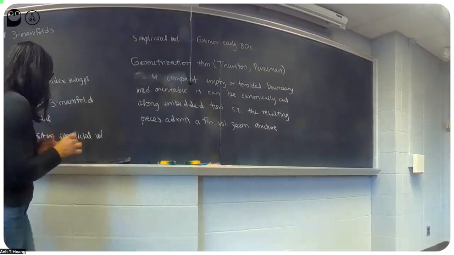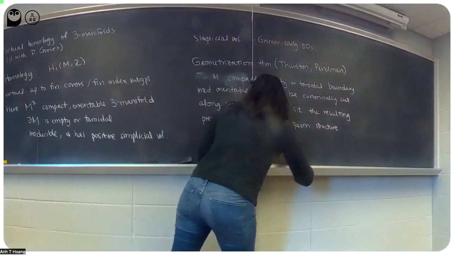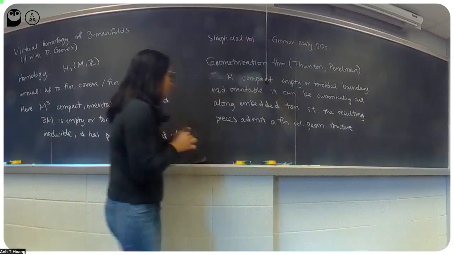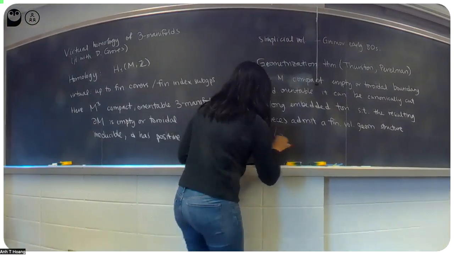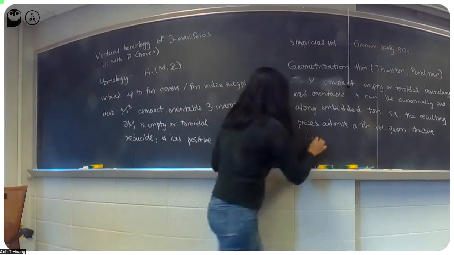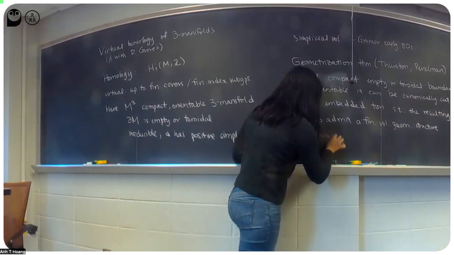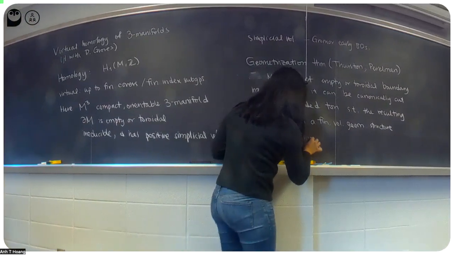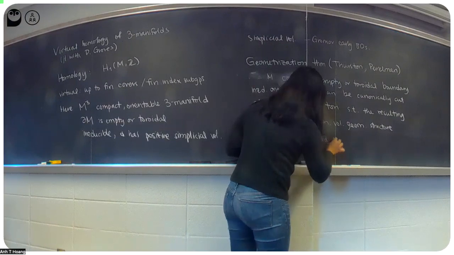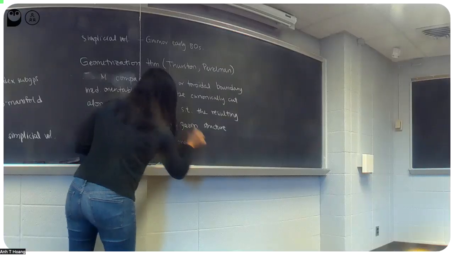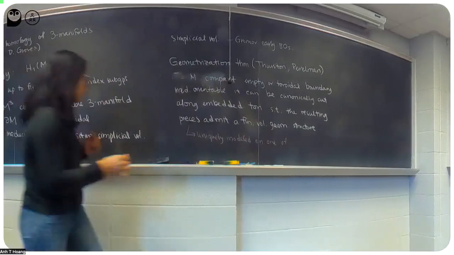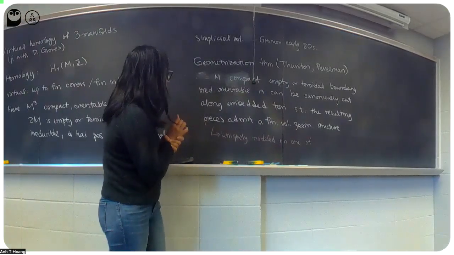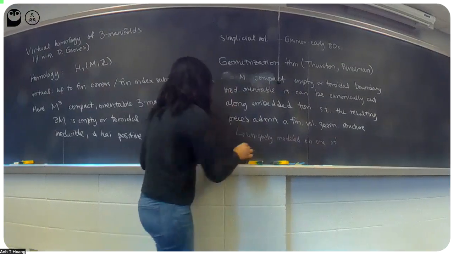So this finite volume geometric structure is uniquely modeled on one of 8 choices. So there's going to be 8 different model geometries.